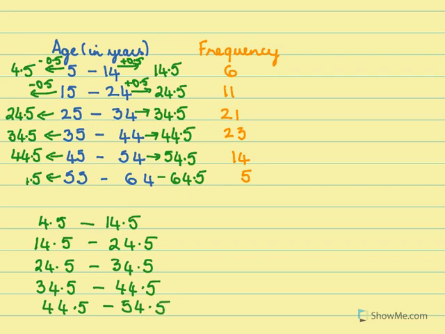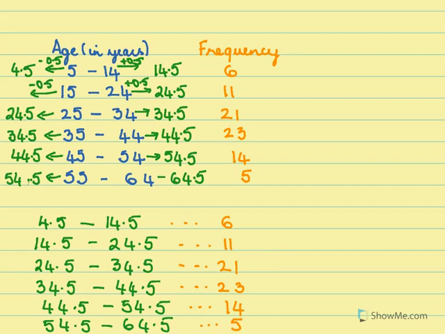Here I made a mistake, so this should be 54. Now 54.5 to 64.5, and let's go ahead and write the frequencies. This frequency was 6, this was 11, 21, 23, 14 and 5. So this is our new proper table where you see this is 14.5, 14.5. There is no gap.